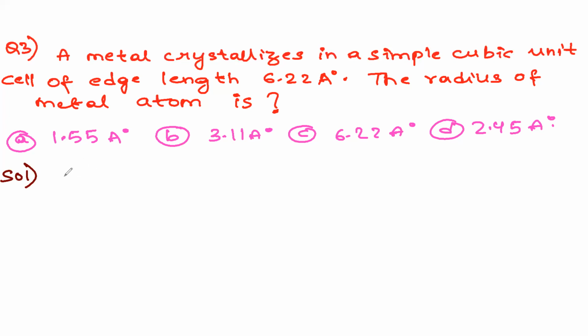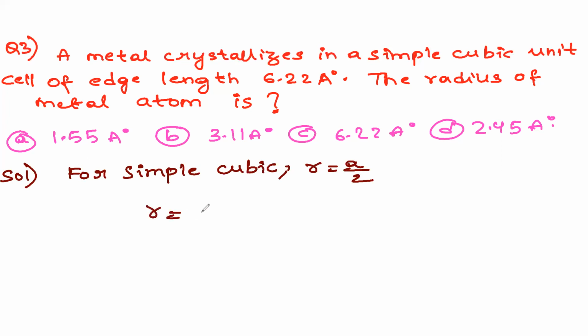So for simple cubic, as we already know, R is equal to a by 2. So R is equal to a, which is given as 6.22 because edge length is represented by the letter a, divided by 2.